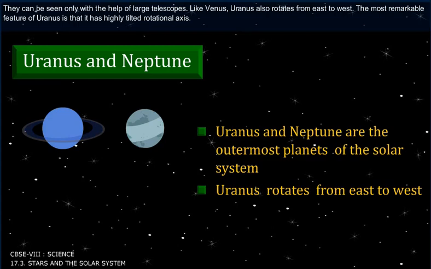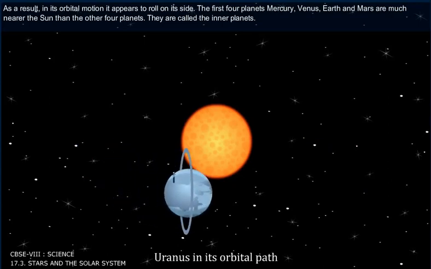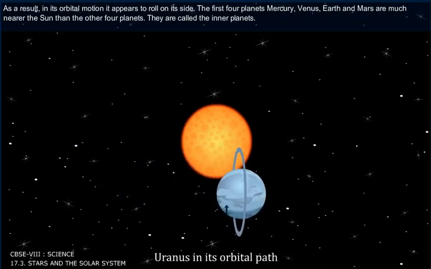The most remarkable feature of Uranus is that it has a highly tilted rotational axis. As a result, in its orbital motion, it appears to roll on its side.